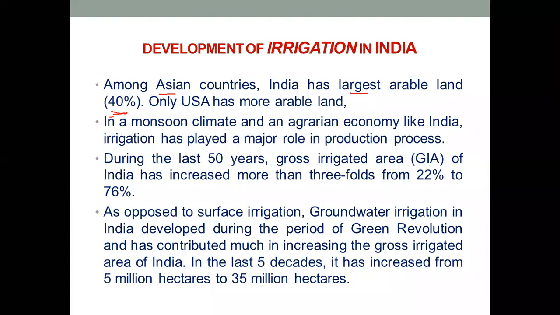Okay, so 40% means not just the area which is being used for agriculture, but also area which can in future be used for agriculture. Okay, so the total land is 40%. So among Asian countries, India is the first one in that, and in the whole world, India is second because the US has more arable land than India.